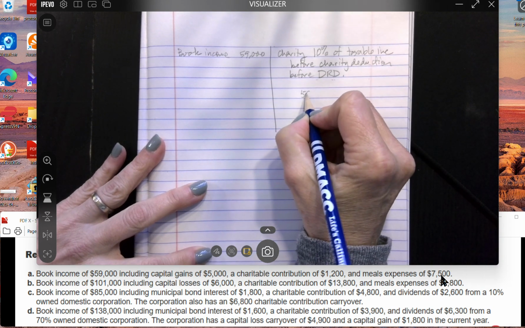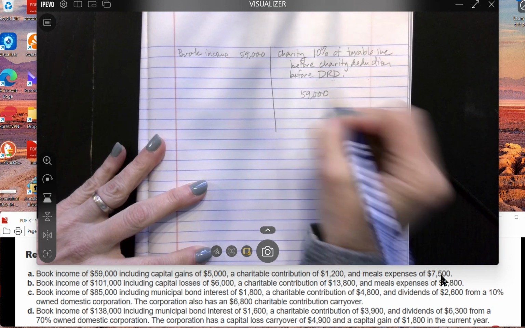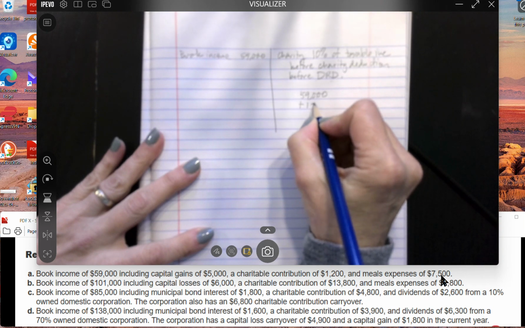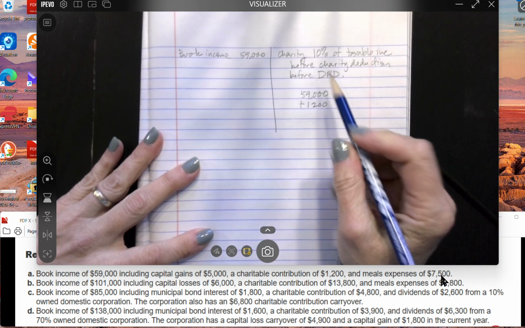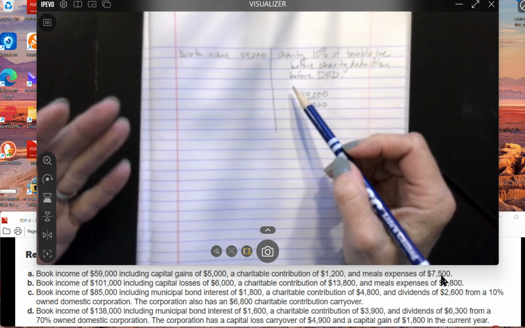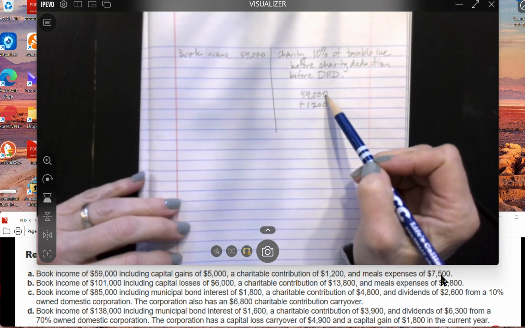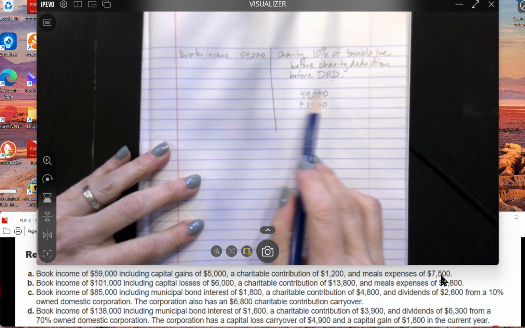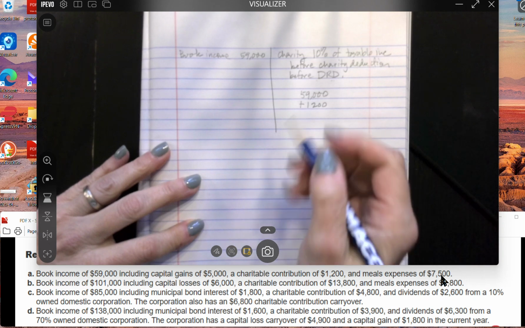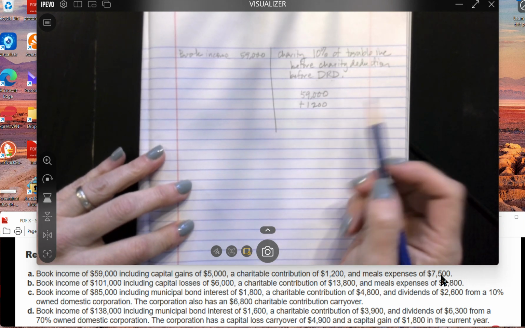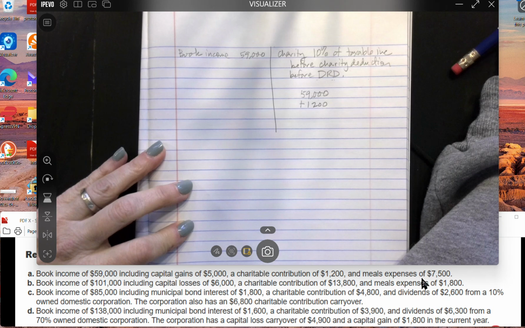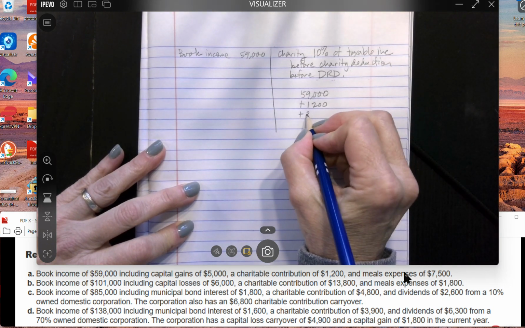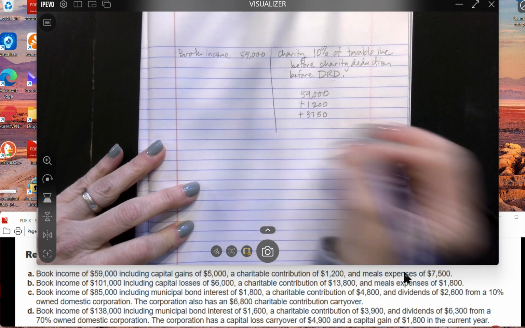So we're going to start with our book income. We are going to add back the $1,200 because we subtracted it as a charitable contribution. It was deductible, so we have to add it back to our income because it would have been subtracted from this number. And then we also need to add back 50% of the meals expense, which comes to $3,750.